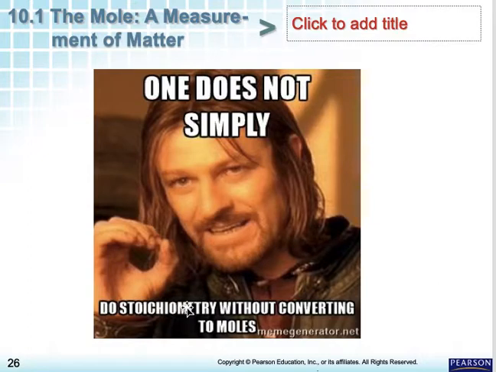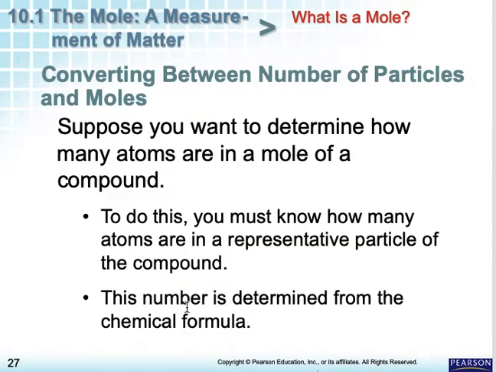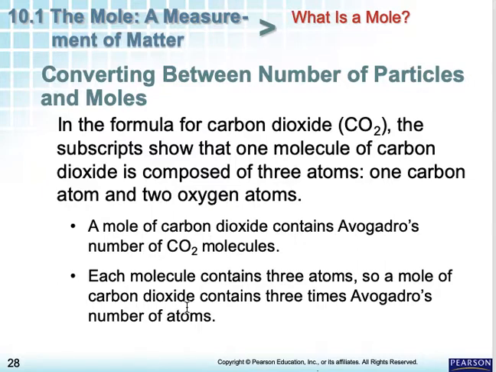So one does not simply do stoichiometry without converting to moles. We're going to do a lot of conversion to moles. Suppose you wanted to determine how many atoms are in a mole of compound. Well, then you would use the same conversion factor. You're just going to go the different direction.